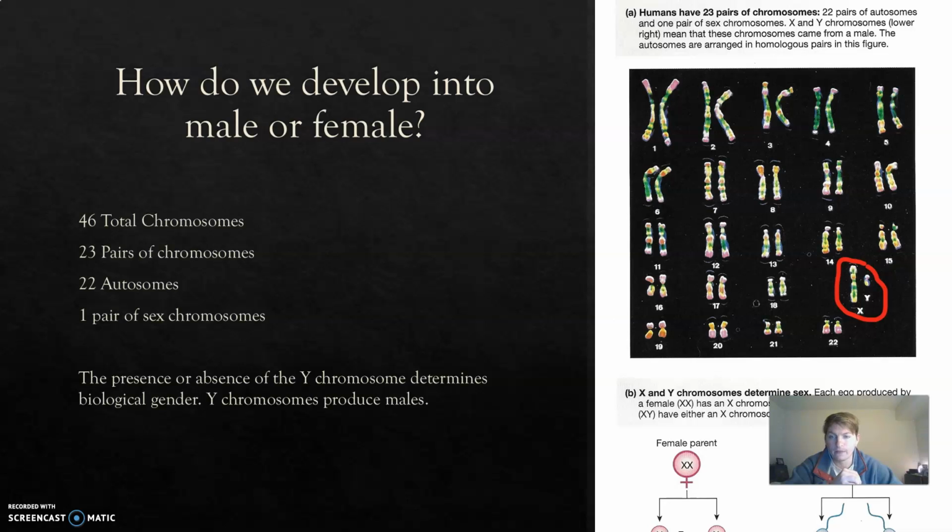And then you have one pair of sex chromosomes right here, your X and your Y. So notice that the Y chromosome is very small and has less genetic material than the X chromosome. So the presence or the absence of the Y chromosome actually determines biological gender. The Y chromosome produces males.